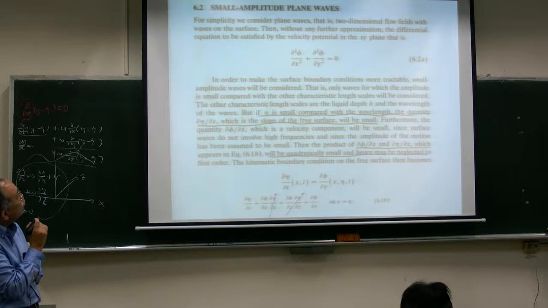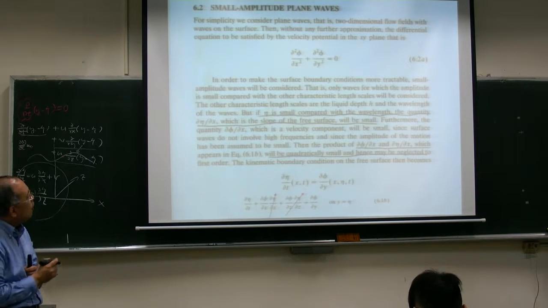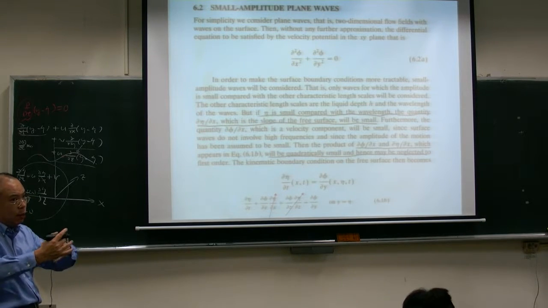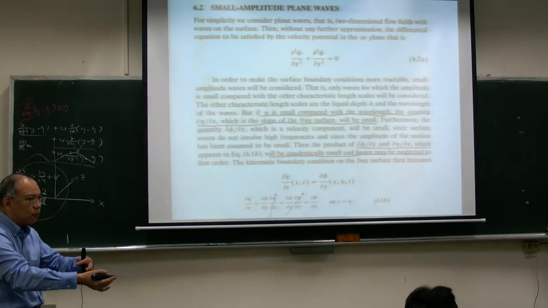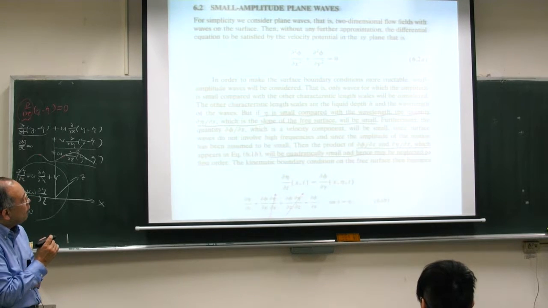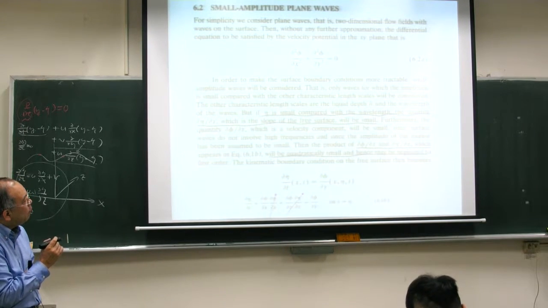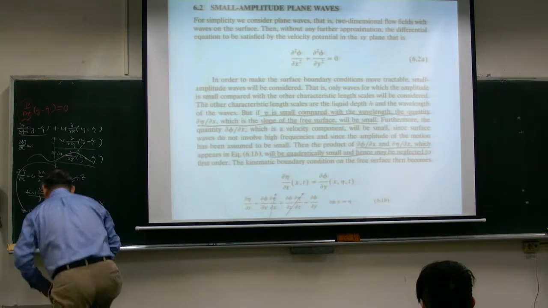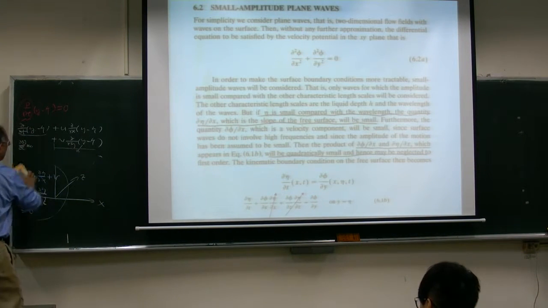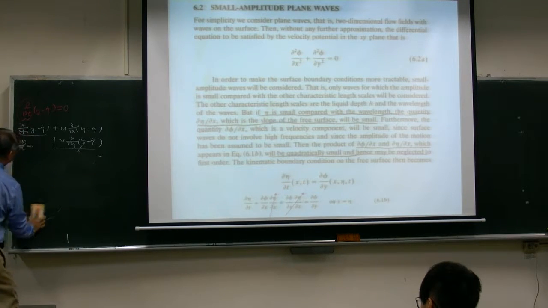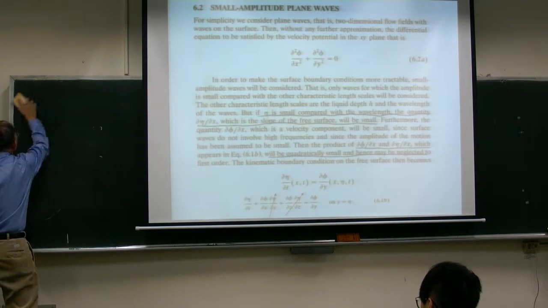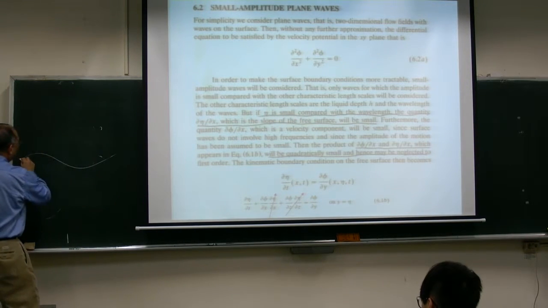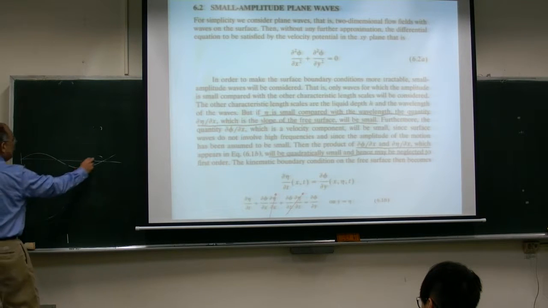Since we assume small amplitude, eta is small. However, small is relative, right? We have to say relative to what, compared with what? Compared with the wavelength. So this is our reference scale with eta. This is our wave, and from here to here is one wave.